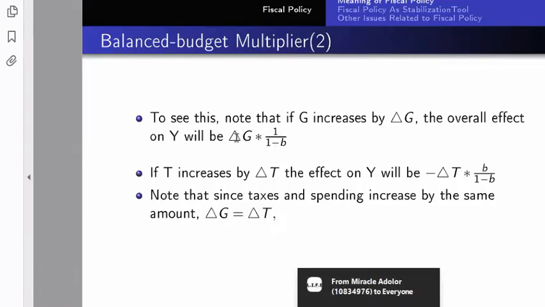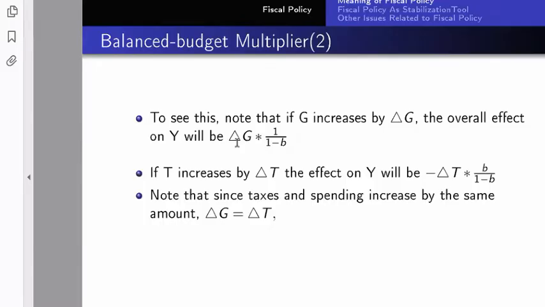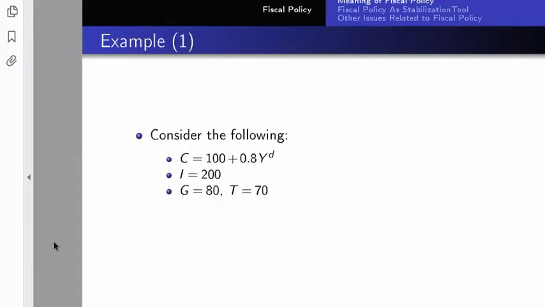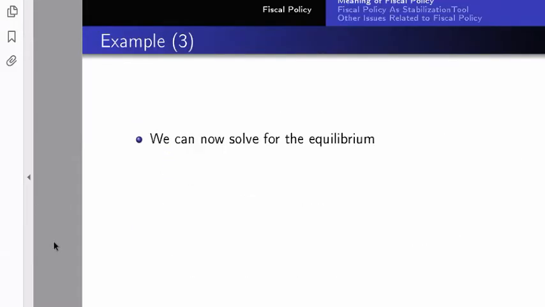So if government expenditure increases by 50, all you have to do is multiply the 5 by 50 and you get the 250. Do you understand? Okay. All right, I get you. I hope you understand.